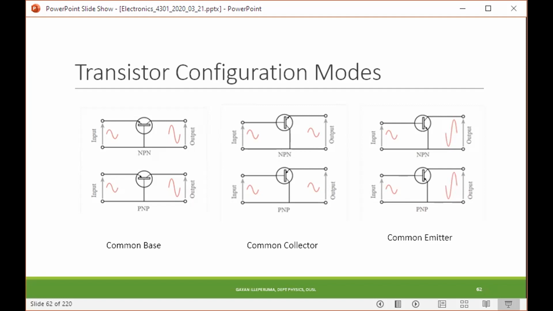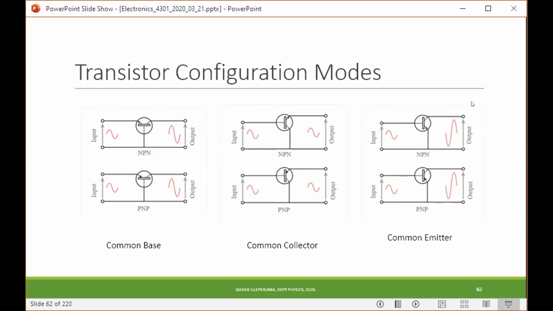Collector. Which terminal gets the input? If you neglect the common one, what is the input terminal? Collector and base. Yes, let's ignore the common one. Then it will be the base. Output? Emitter. Similarly, here you have the input as the base, output as the collector, right?